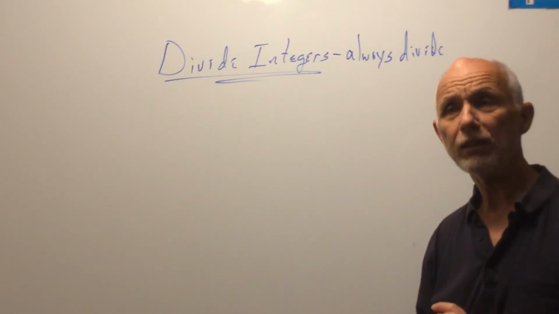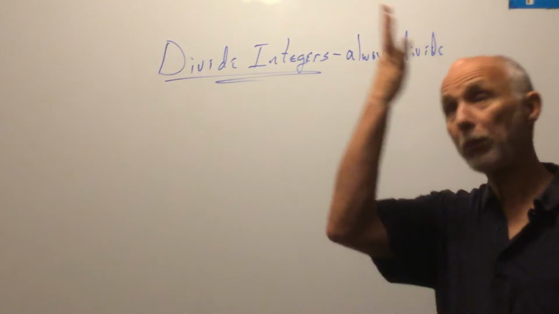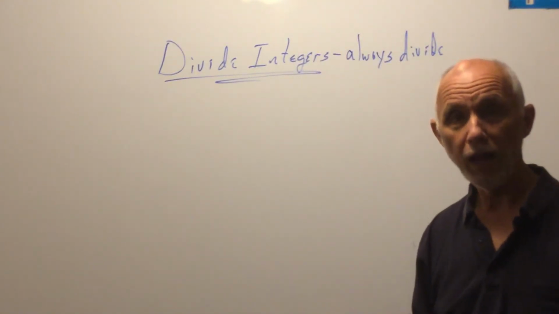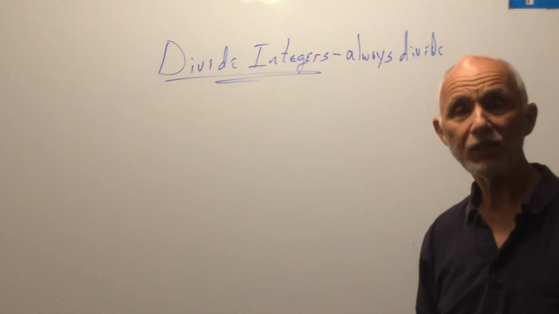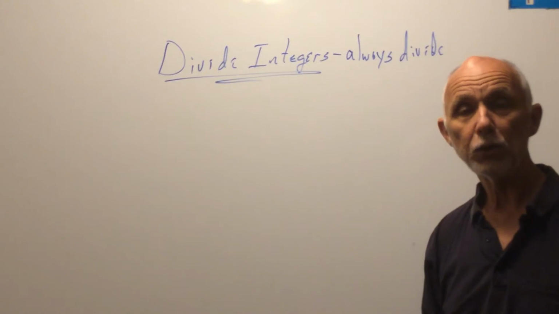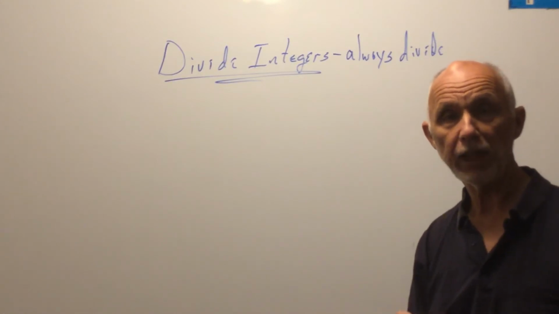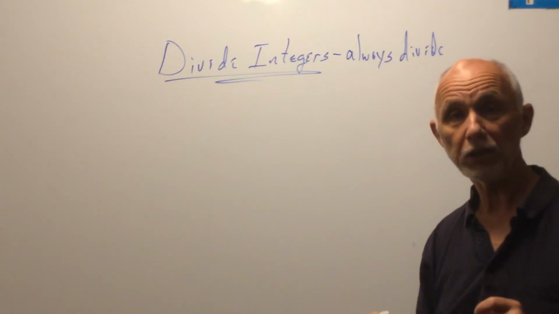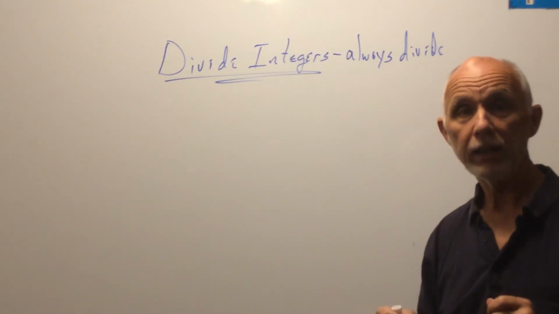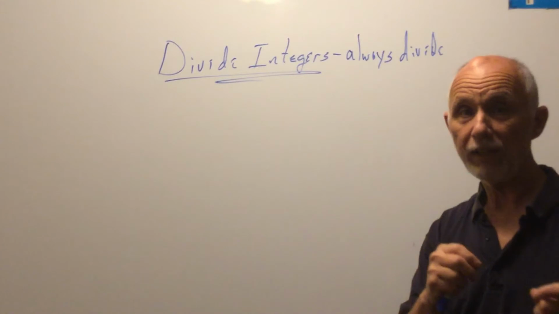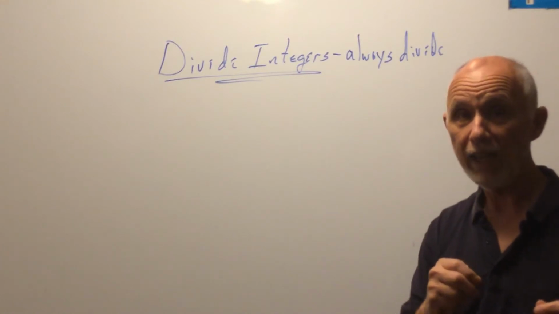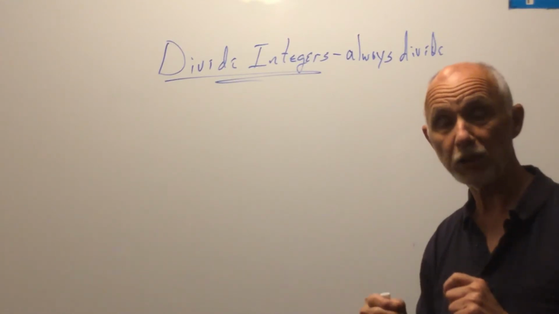And about 20 years ago, it kind of hit me like, wow, duh, why do I even have to say that? Because the truth is, isn't it true we learned with fractions you can change division to multiplication? So whatever rules you have for division, integer-wise, have to be the same as the rules for multiplication.